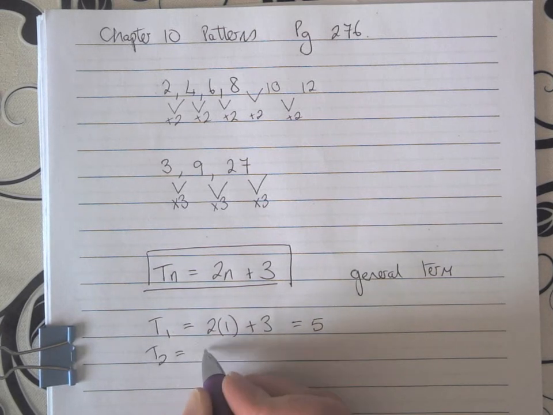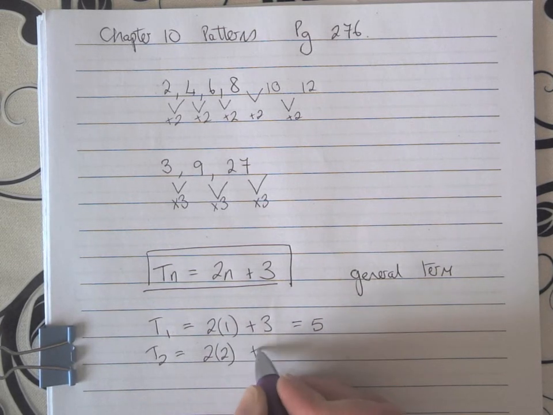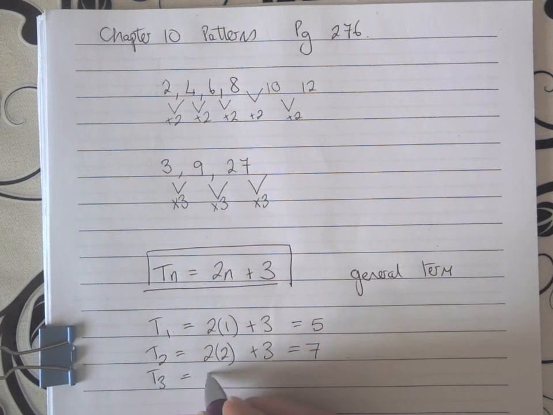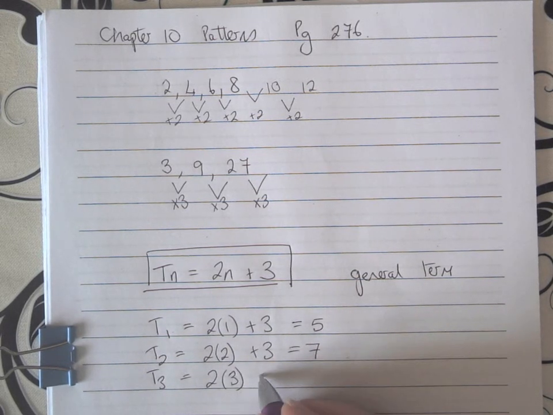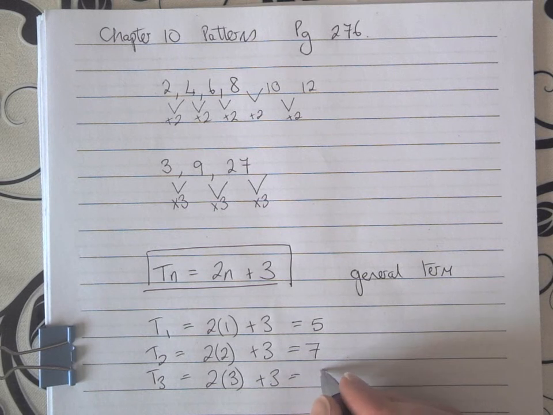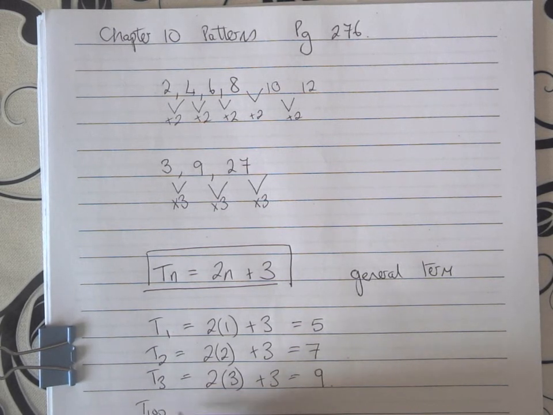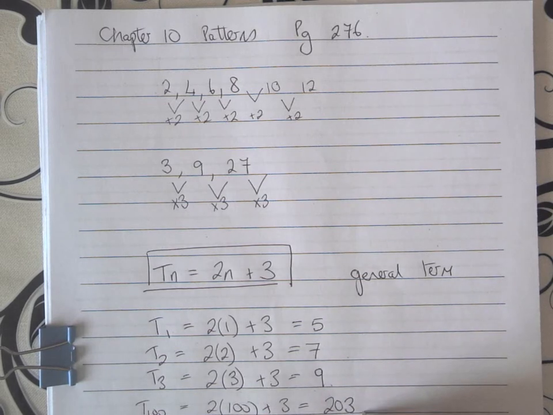The second term I put in n is 2. The next term is 7. The third term I put in n is equal to 3. And then if I wanted T100 or any other term, I just put in n as whatever the term number is, so 203. Okay, so that's all we had done.